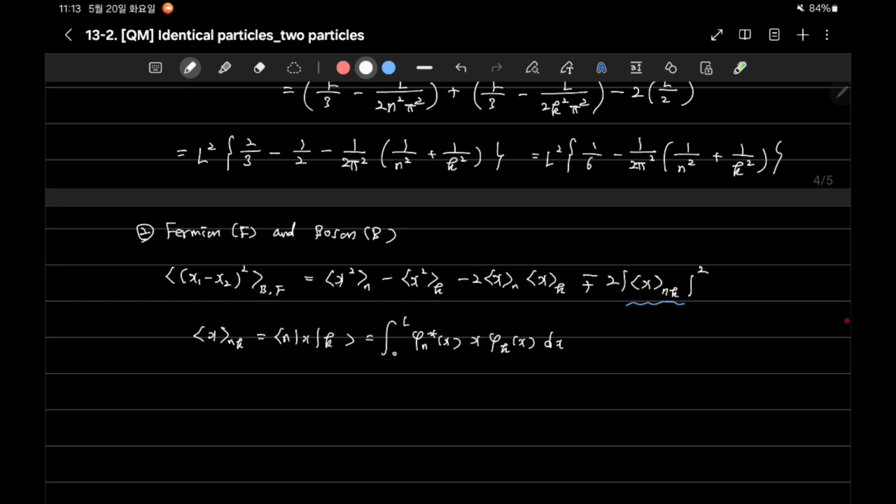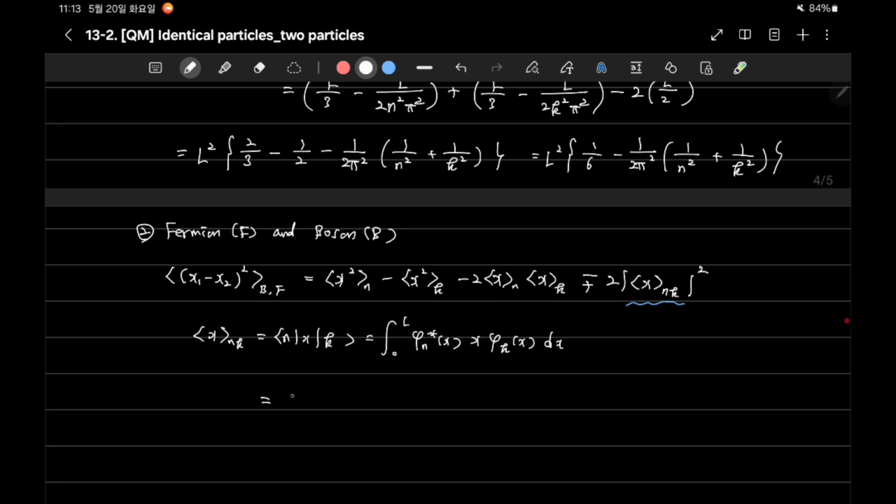Then we can calculate from the square wave function. I will skip the detailed calculation, since it is very tedious, so I will write down the result.